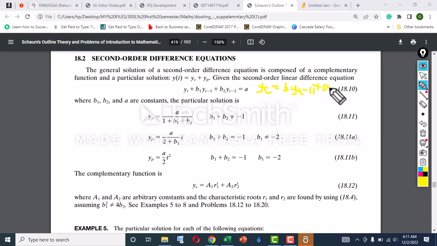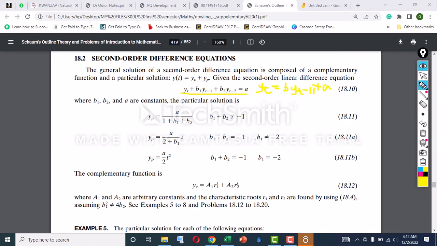That's for the first order. But in the second order, this is how the form looks now. The form is now yt plus b1 yt minus 1 plus b2 yt minus 2 equals a. This is how the form of the second order difference equation looks.